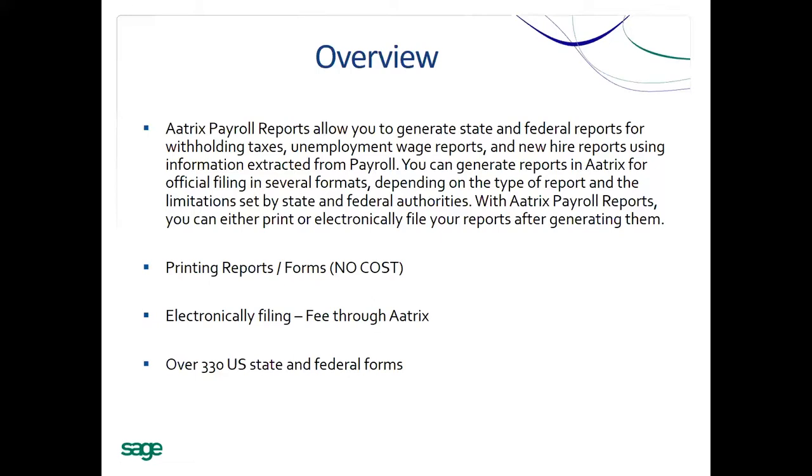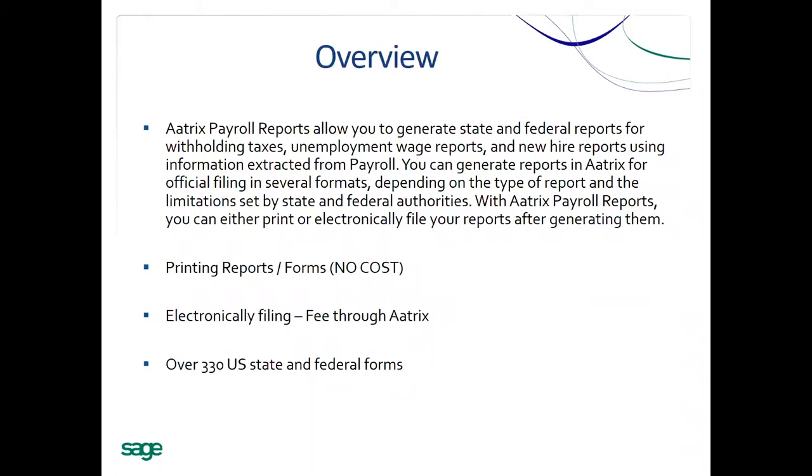Make sure that you've got the states entered that your company is going to be filing taxes for. There's also some additional requirements for things like PIN numbers that you'll need to provide as well. So there is a whole section there that you'll need to go through if you're brand new to Aatrix to get set up so that they can process your information. And I've got most of the screenshots there for you in the handout.